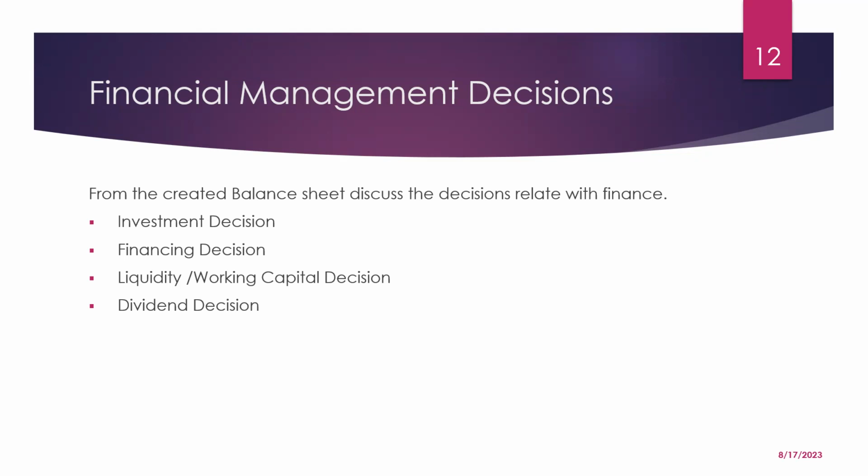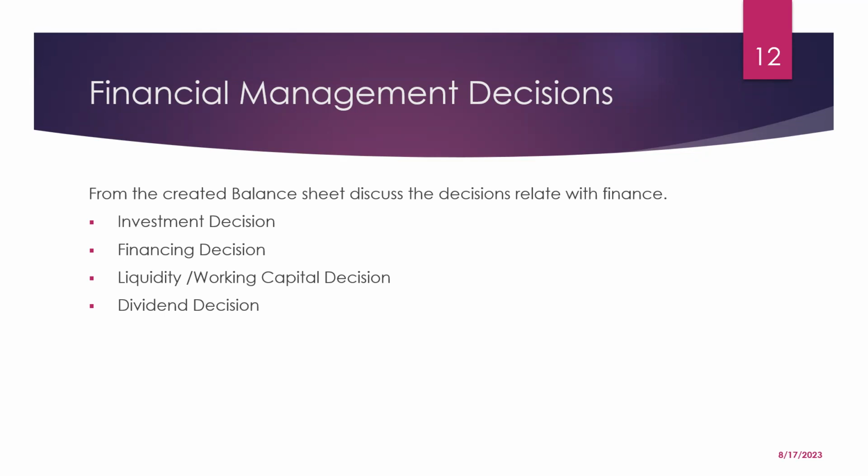So basically, in financial management, we have four decisions. However, in most cases, we are not taking the liquidity and working capital decision as a main decision in finance. Therefore, mostly we are talking about the investment decision, financing decision, and dividend decision as the three decisions. However, we can use the working capital or liquidity decision as the fourth decision, right?